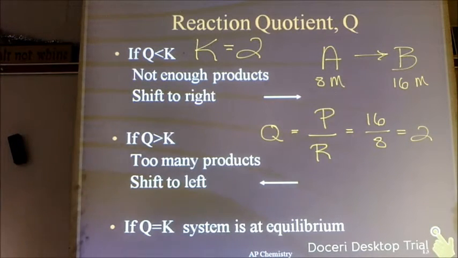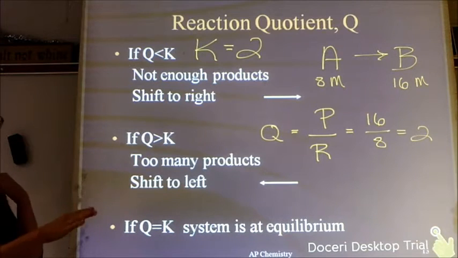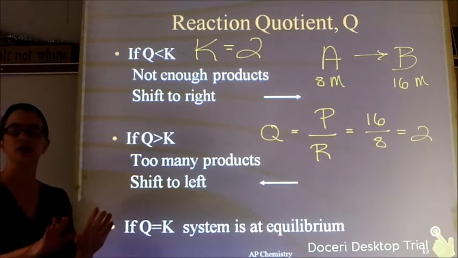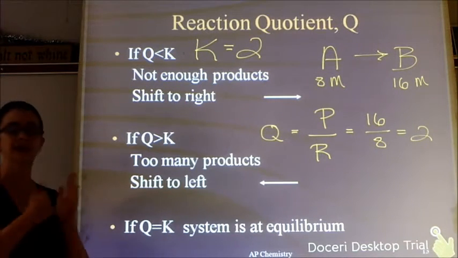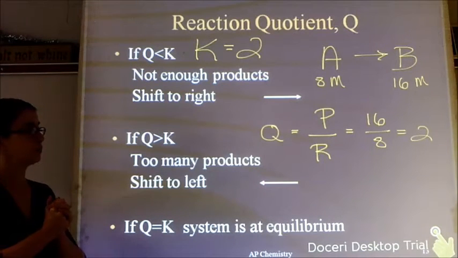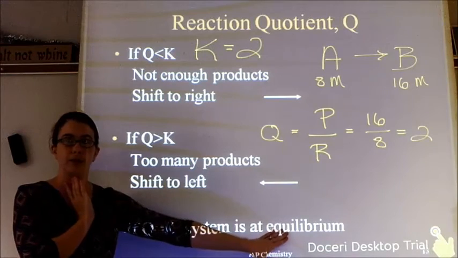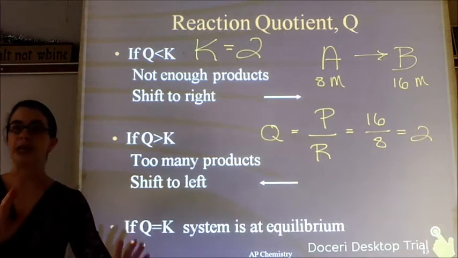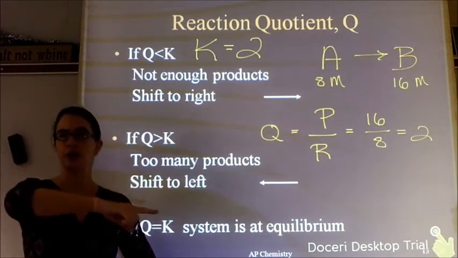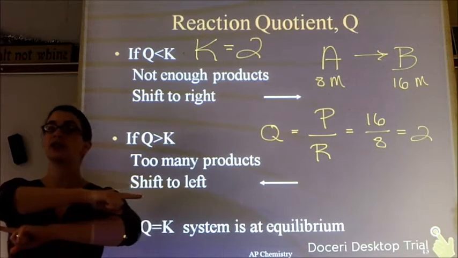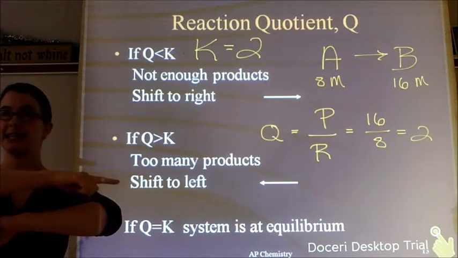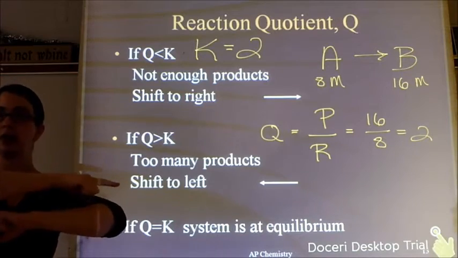Now I chose these numbers on purpose, because this addresses something we talked about last class, but I just want to make sure that this concept is really solid in your mind. The definition of equilibrium means the speed of the reaction in the forward direction and the speed in the reverse are equal. The rate, this way and this way, are equal.